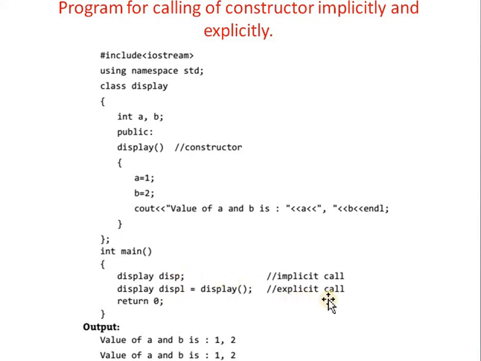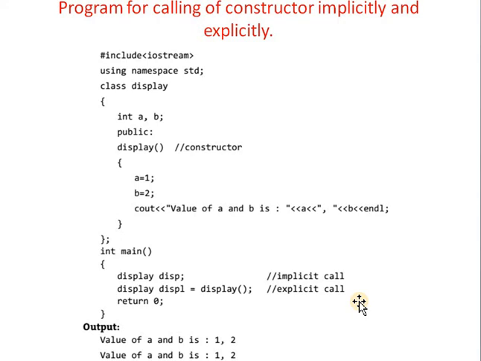So it is an explicit call, because in the explicit call method the name of the constructor with the values of variables in brackets comes into the picture to construct the values. Here the name of the constructor is explicitly mentioned in the program. So this method is known as explicit call of the constructor.